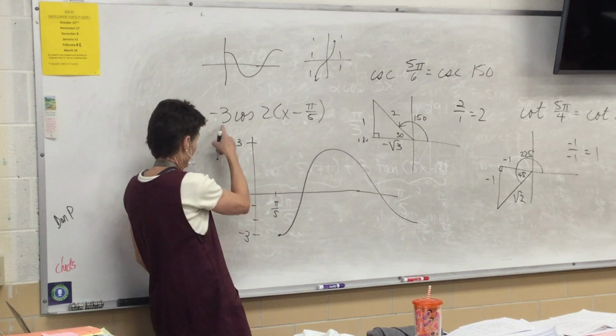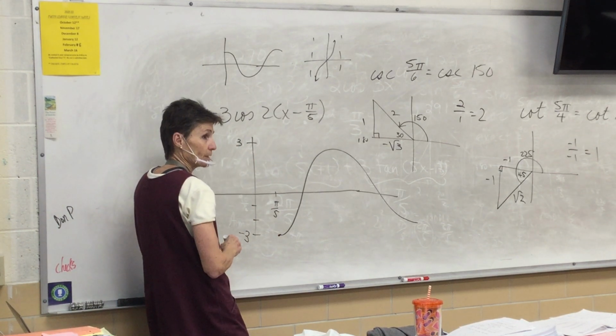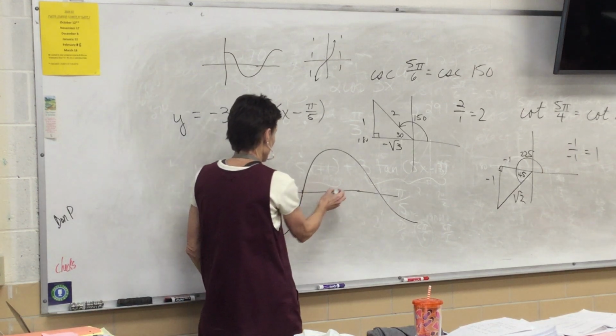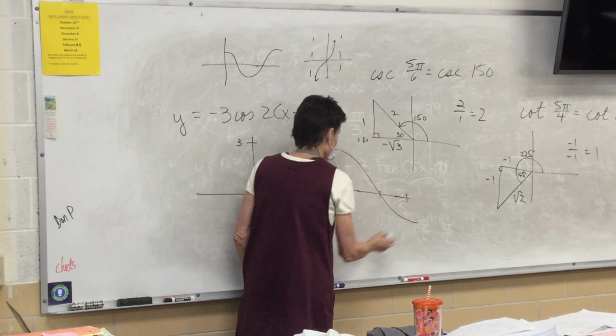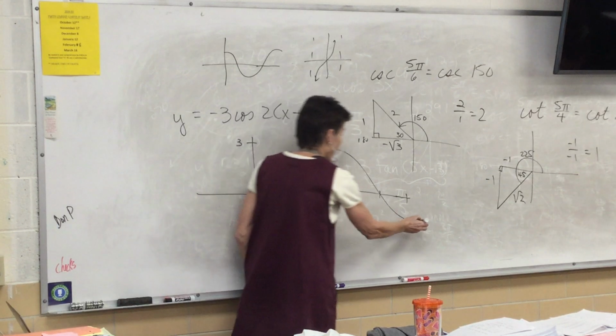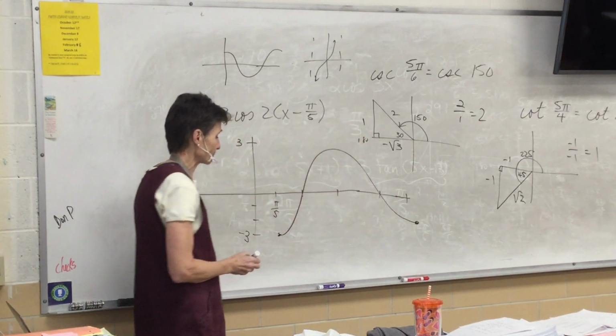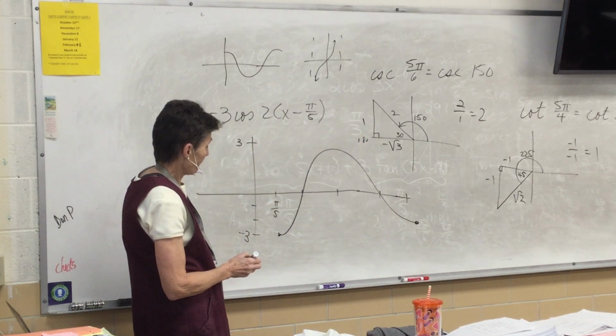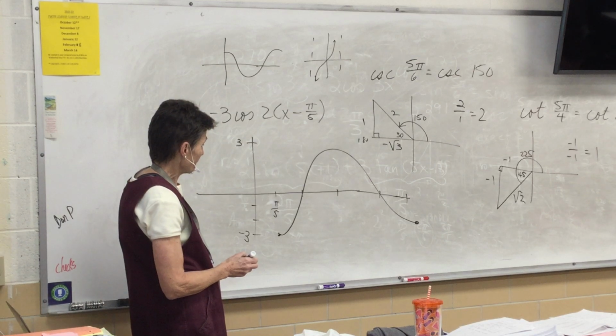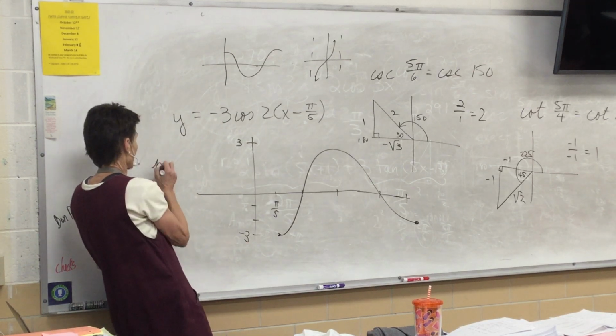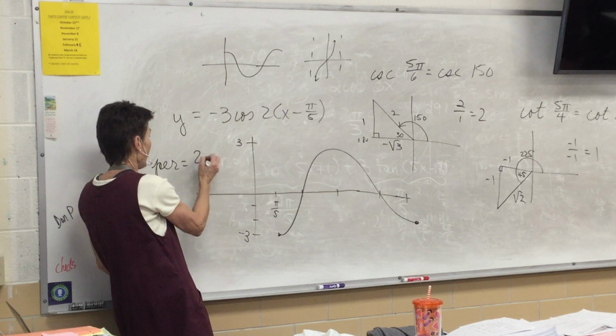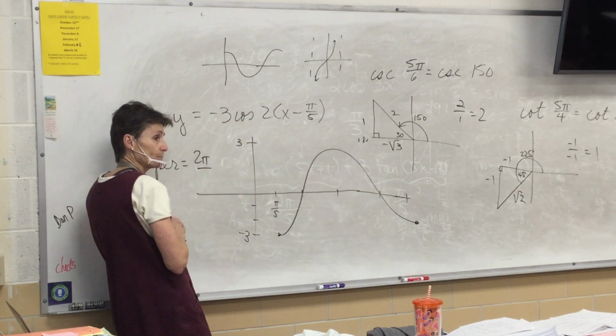I stuck those vertical labels in. Now I'm going to put in the rest of my labels. Remember, the cosine is going to stop right where it started, at the bottom of the valley in this case. So what's my period? Well, it's supposed to be 2 pi, but what have I done to it? Divided it by 2.